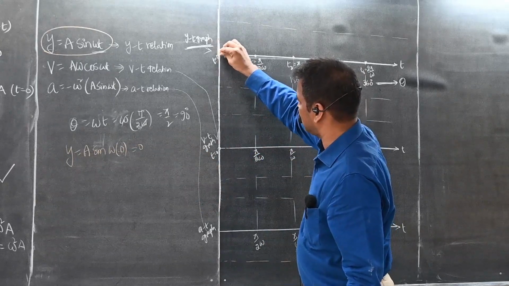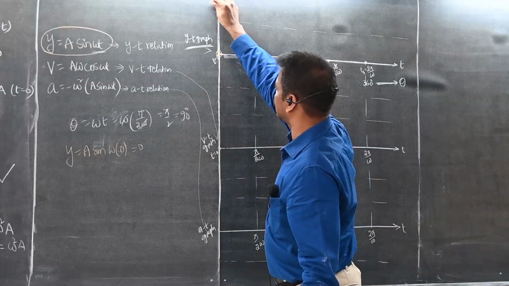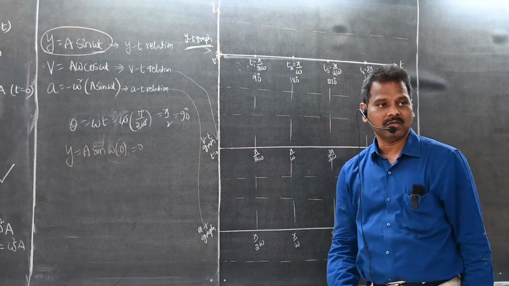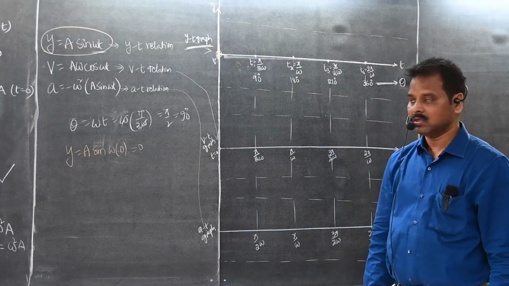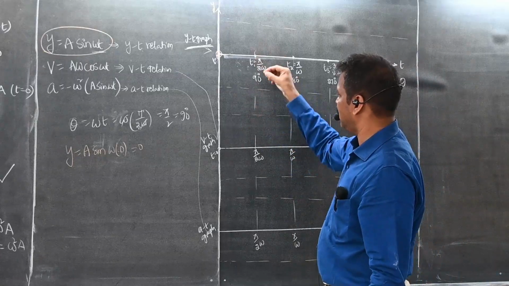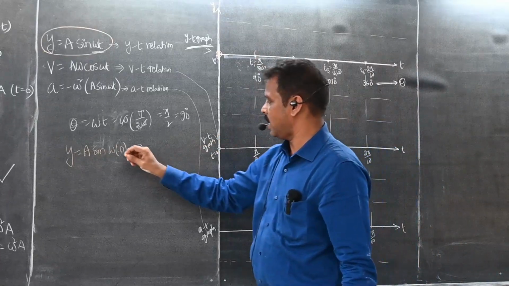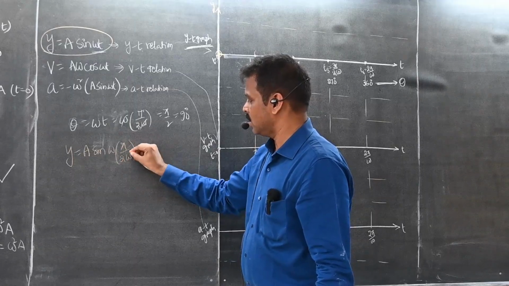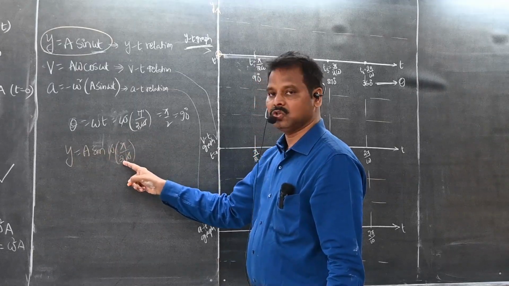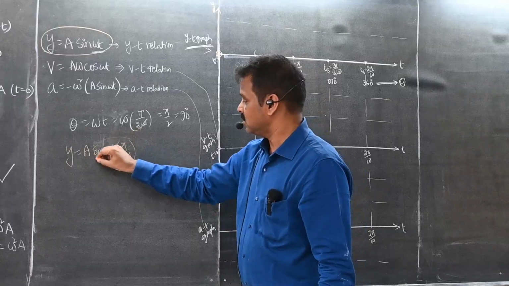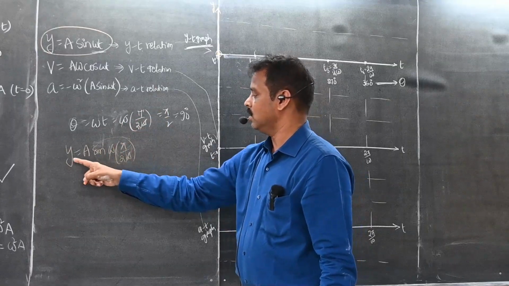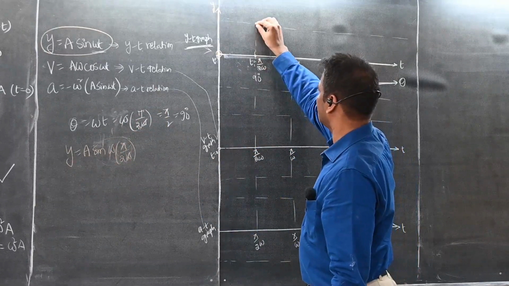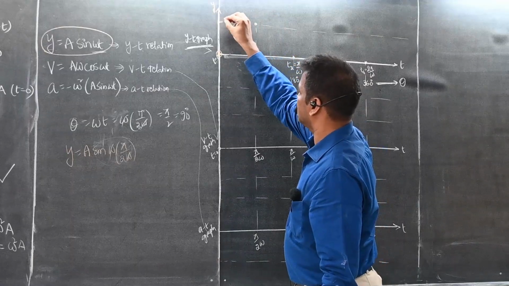When t is 0, y is 0. Then when t is equal to pi by 2 omega, sin pi by 2, sin 90 is equal to 1, y is equal to a. So this is a.